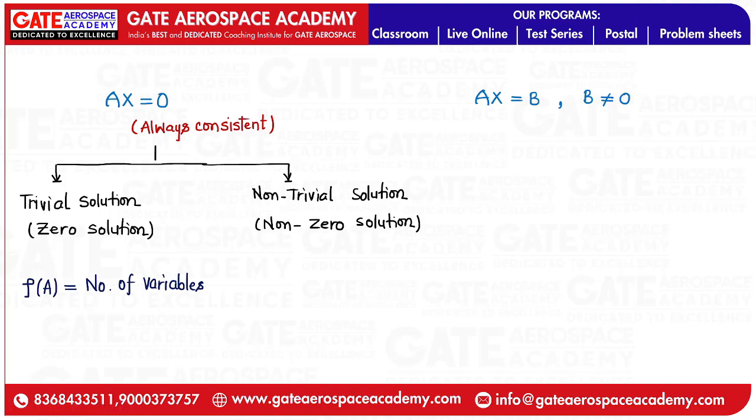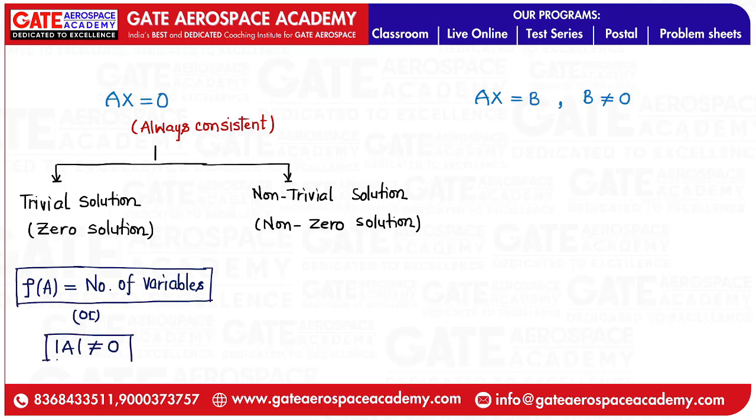Just now we are going to take one example, and you will get to know how to implement these things. First, try to remember the condition. Or we say that determinant of A is not equal to zero. So for the trivial solution, how many conditions do we need to remember, my dear? The first one is with respect to rank, and the second one is with respect to the determinant value.